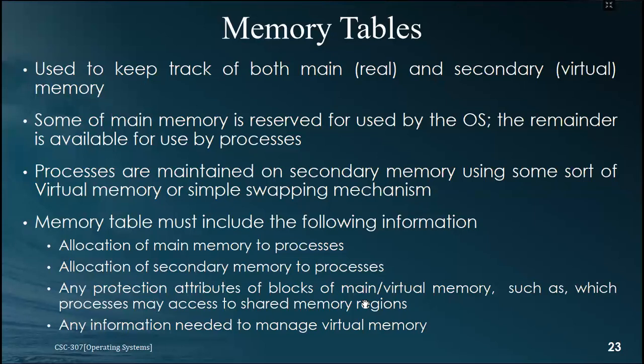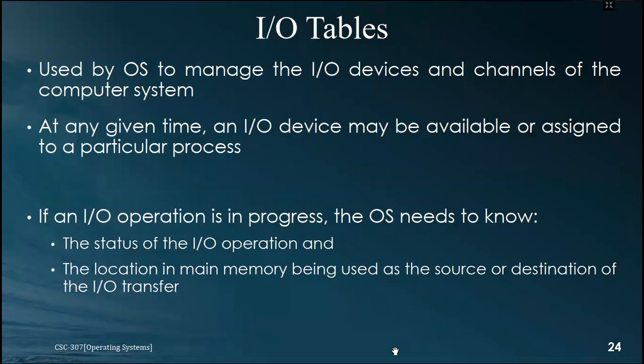But if somehow one process tries to access the information of another process, that is an intrusion. So the memory table also includes protection-related information, so that it can protect its memory from another process. And finally, any information needed to manage virtual memory. So all the information that you need is here. This is the task of the memory table.